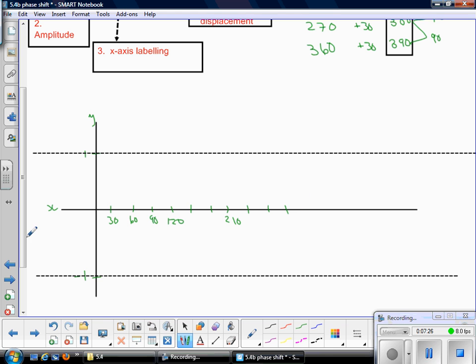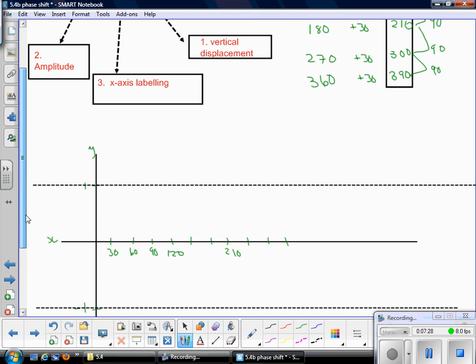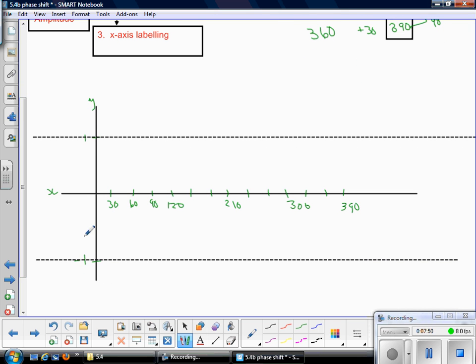My next point is 300. 1, 2, 3. My next is 390. So that is every 90 degrees. That would be 330, 360, 390. And I could go back this way and that's negative 30.